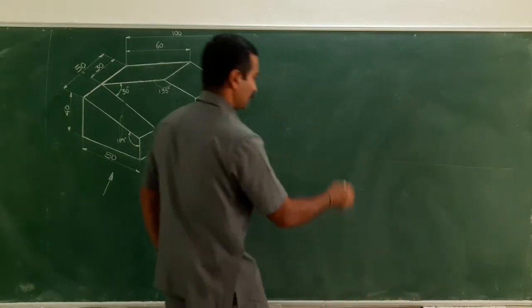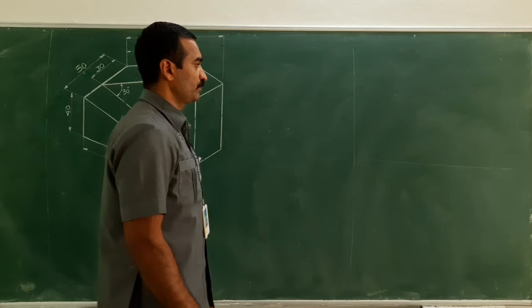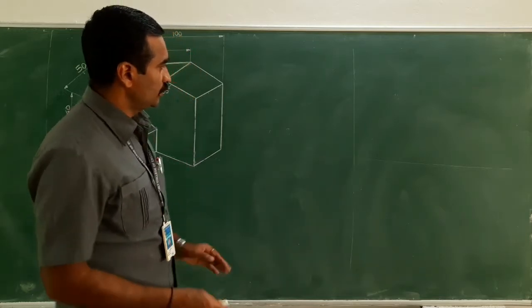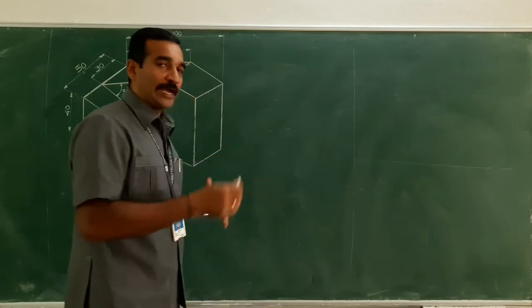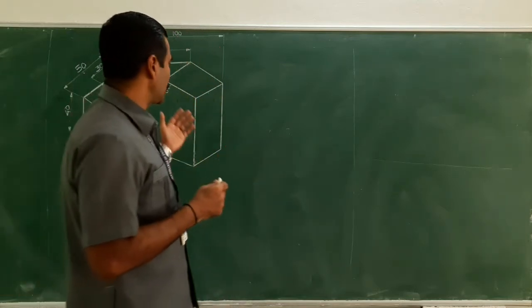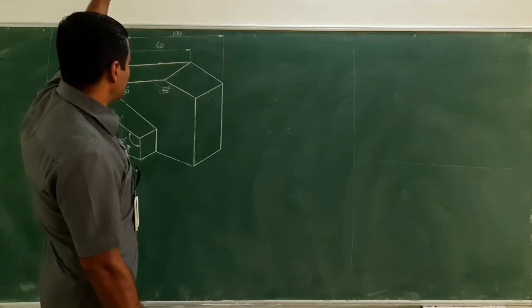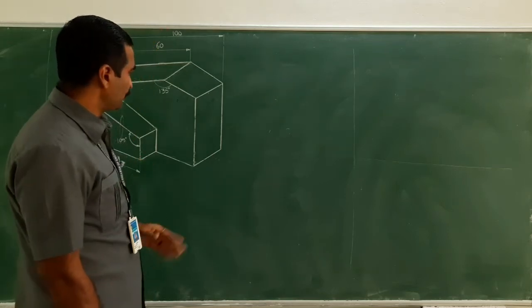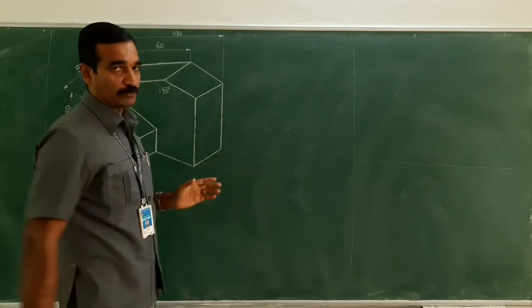Horizontal line. Here, first I need to conclude which side view I need to draw. As far as this diagram is concerned, this is the front view, and when you look from the top, that is the top view. Here I could see the side view from the right hand side.